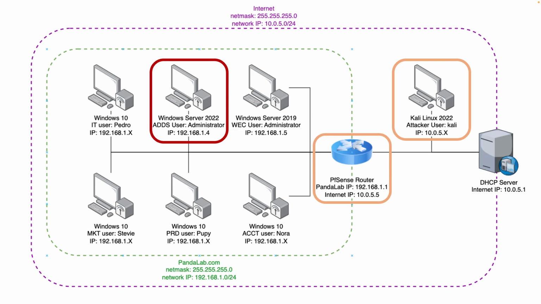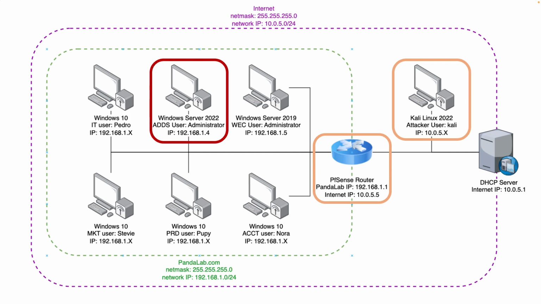In a previous video, we were able to install three different roles on our Windows Server 2022: Active Directory Domain Services, DHCP, and DNS. In today's video, we will focus on the DHCP server role that we installed on our server. As we discussed previously, when we configured the pandalab.com network adapter, we enabled the DHCP server option for it.